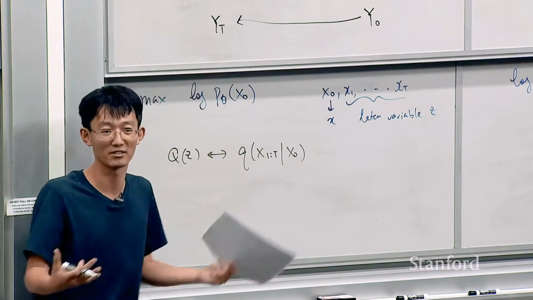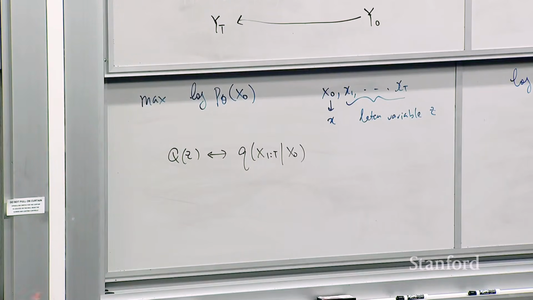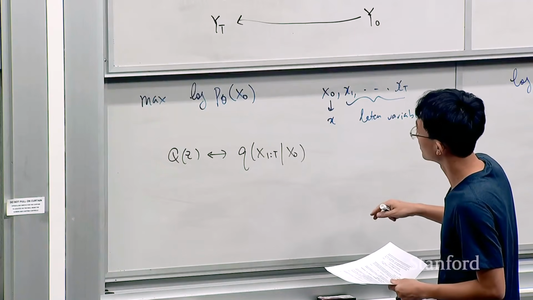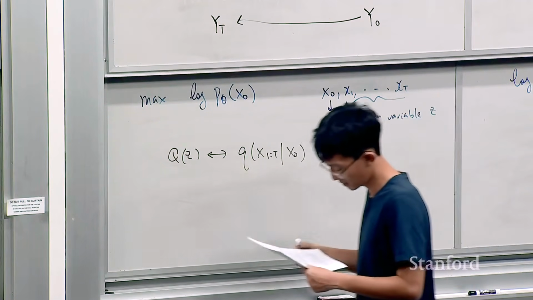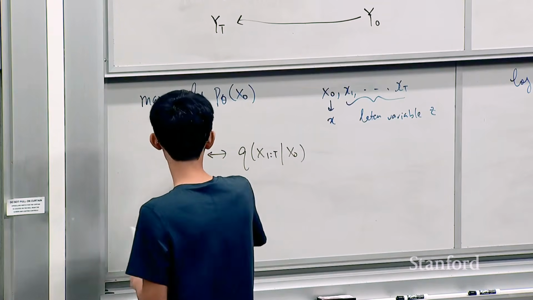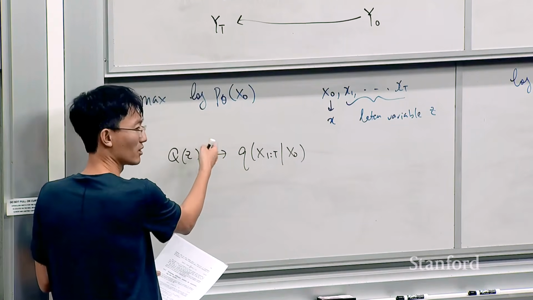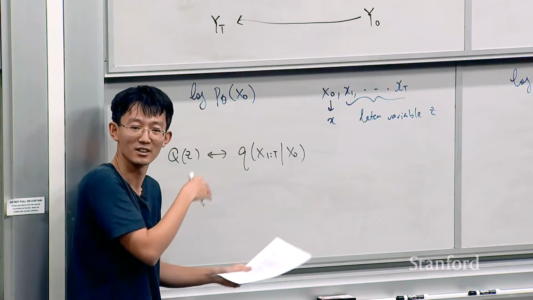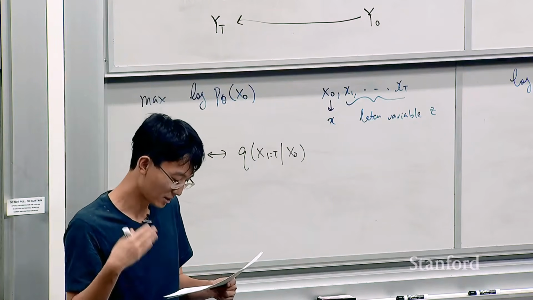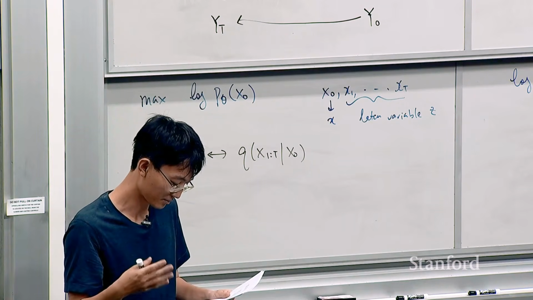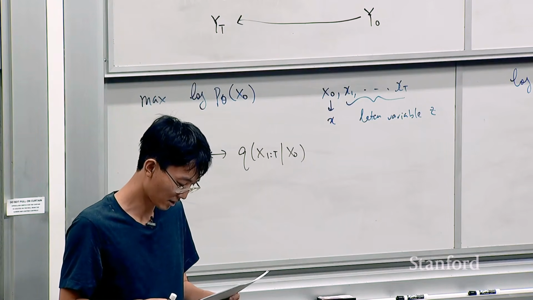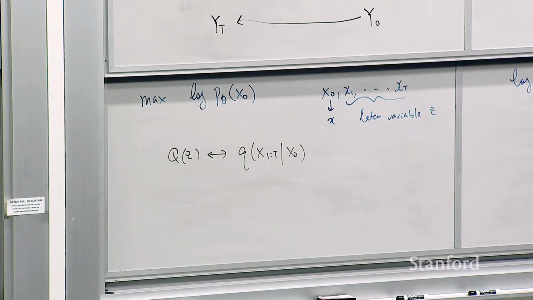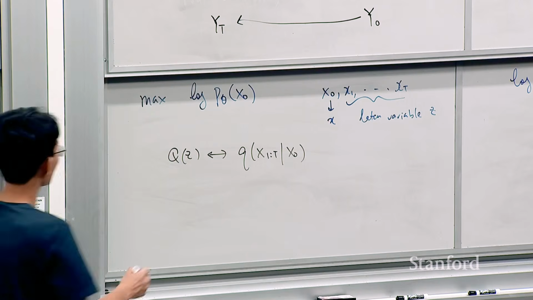I'm trying to apply what we have learned last time to this case, so I'm making a correspondence between the variables. And the reason we didn't write q of z given x is because last time x was a fixed variable. In some sense, you should even write q of z given x in the previous lecture, but in that context x was fixed.